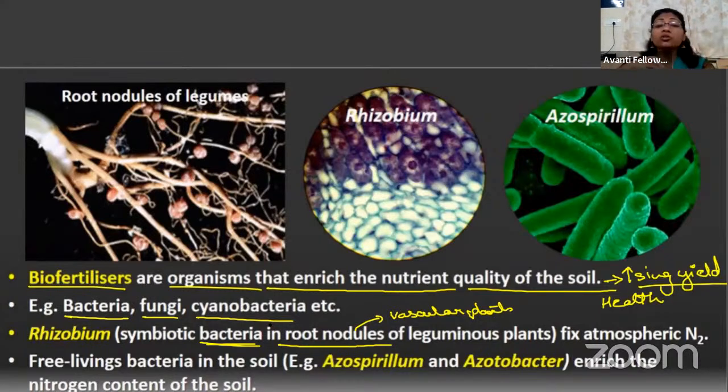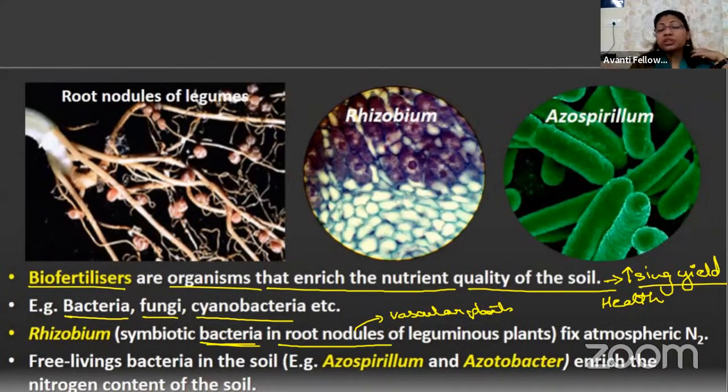Why is it present in roots? As you know, the leguminous plants have a high demand for nitrogen, and that amount of nitrogen cannot be absorbed by the roots alone.